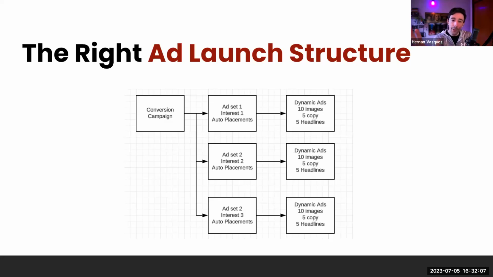We want to make sure that we get the right type of clicks, the right type of ads, the right type of interest, and the right type of copy and headline. So from this structure, I can mine a lot of data.